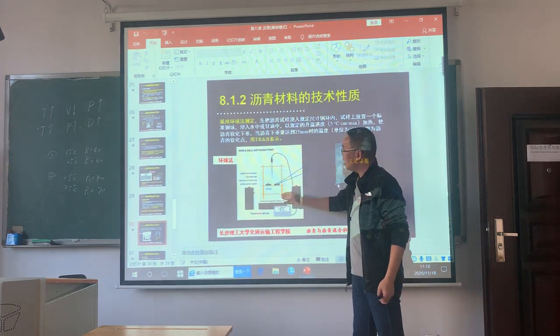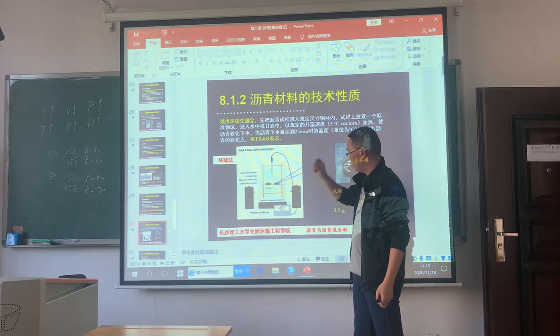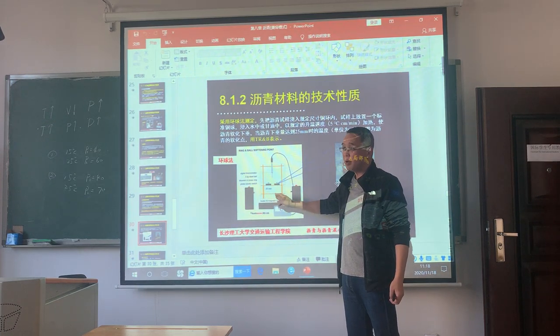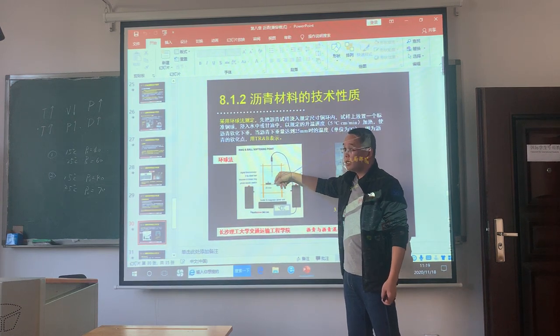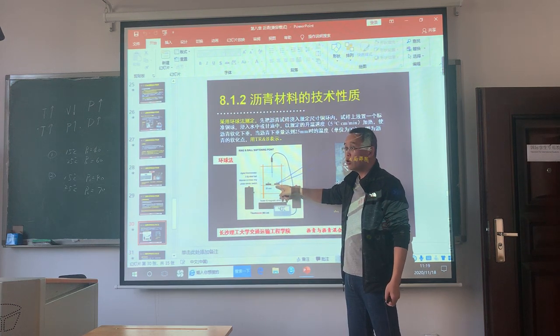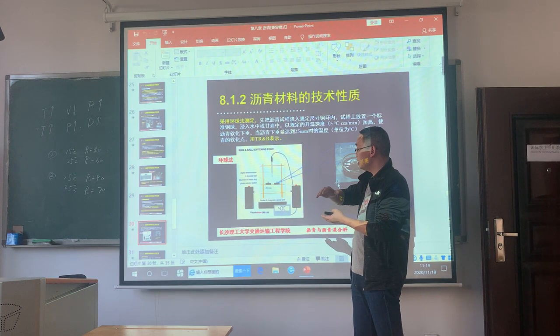And this is a cup, and there is a lot of water in it. The water is to control the temperature.